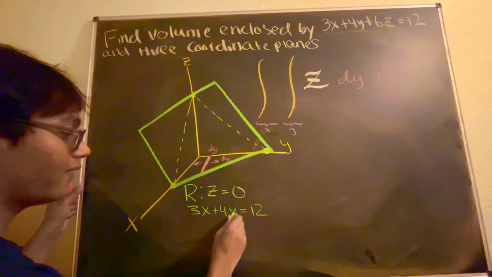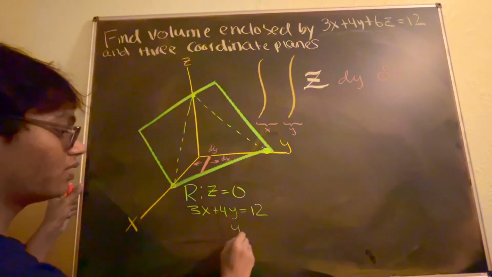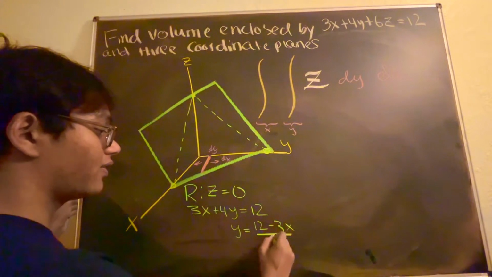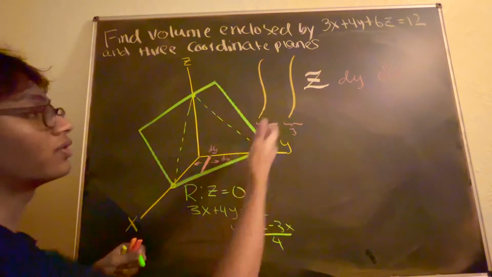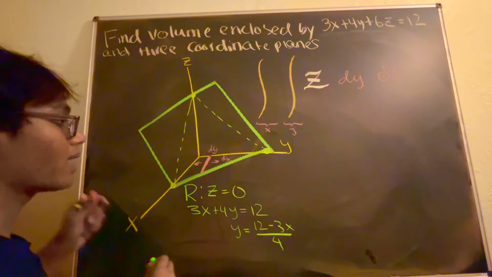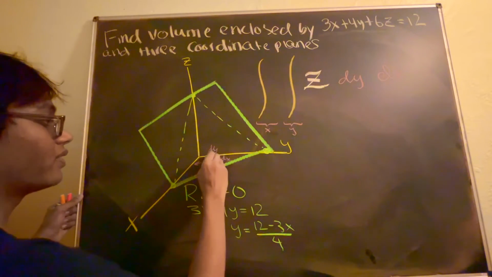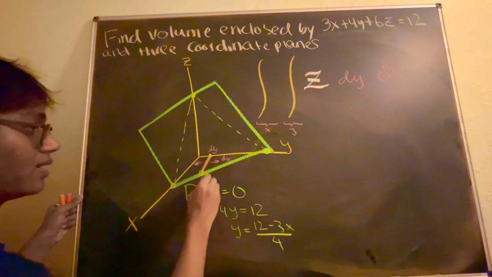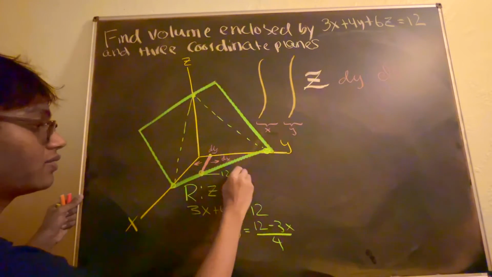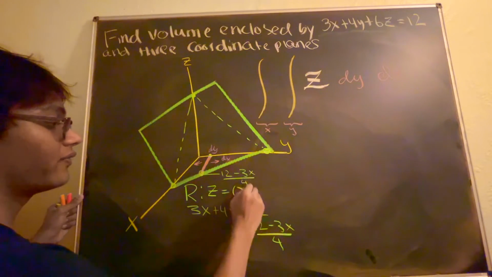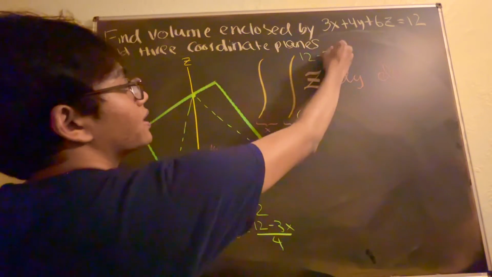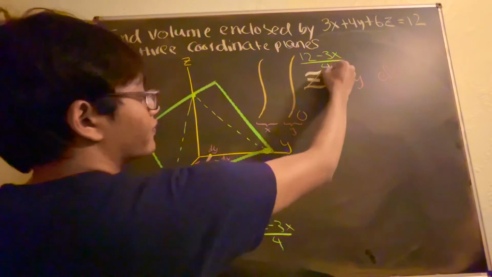So now we have y in terms of x, and y is equal to 12 minus 3x divided by 4. So our y bounds are from 0 to 12 minus 3x divided by 4.